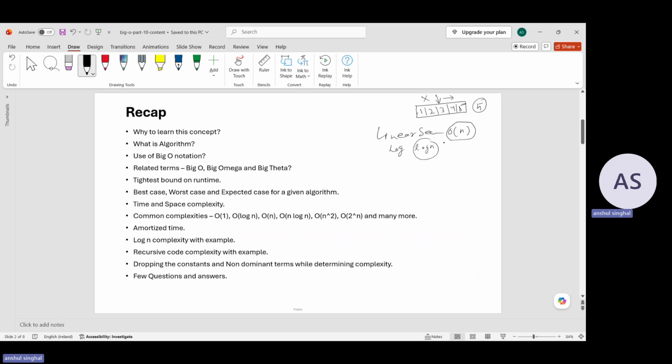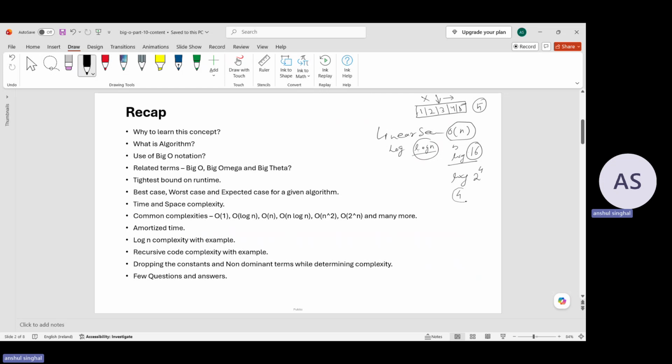So it means that if we are given, let's say, 16 numbers, for example, right? So if I do log 16, log 16 is log 2 raised to the power 4, right?